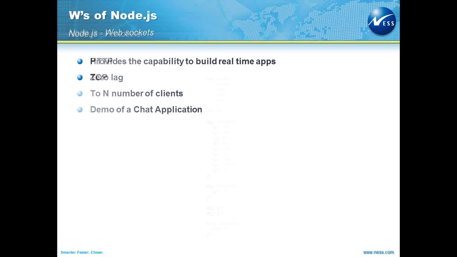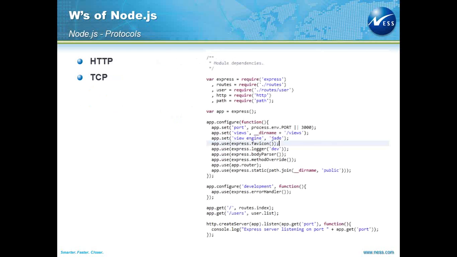So the protocols supported by Node.js are HTTP and TCP. The example on the right side is an HTTP server created. In the Hello World example, we saw a plain vanilla server created. In this particular example, we see the server launched with Express, a web framework, a middleware, which we'll talk more about in the coming slides.